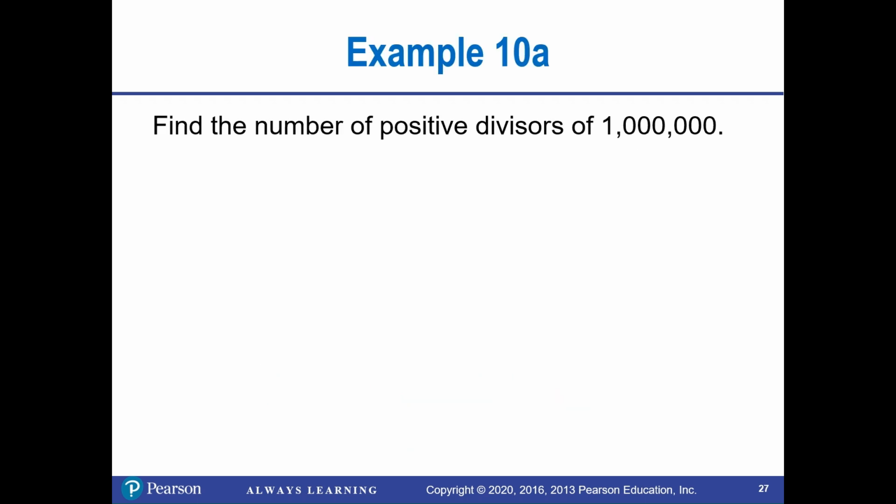Let's use this principle to find the number of positive divisors of 1 million. First, I need to determine the prime factorization of 1 million. So I know that 1 million is a power of 10 because I have just a bunch of zeros and a 1.